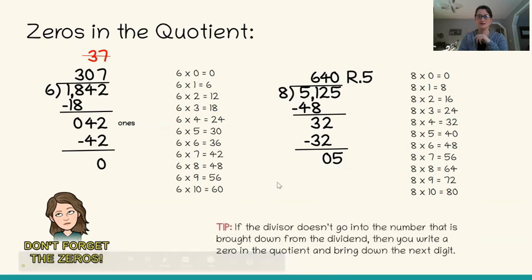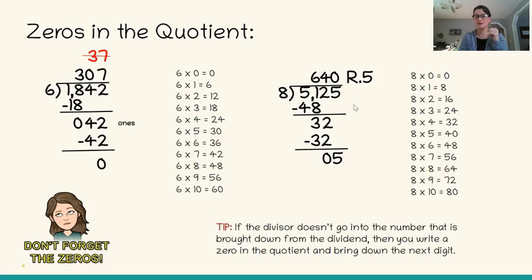Okay, so look out. Here's our second tip. If the divisor, so the 8, doesn't go into the number that's brought down from the dividend, then you're going to write a 0 in the quotient up the top and bring down the next digit. And on this example for question 4, we couldn't bring down the next digit because we were already in the ones.